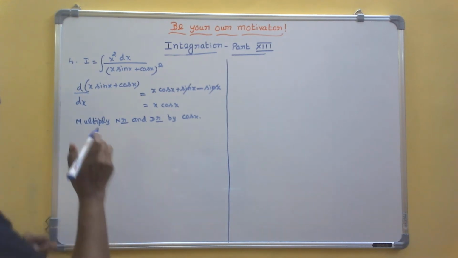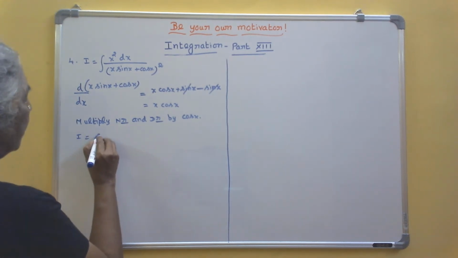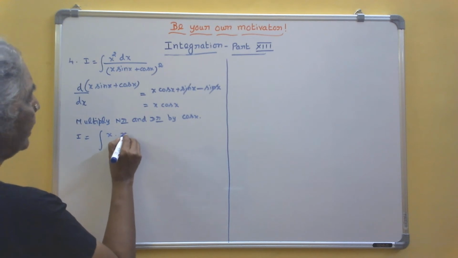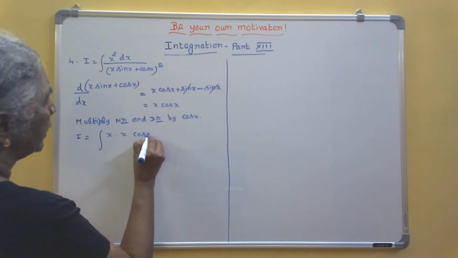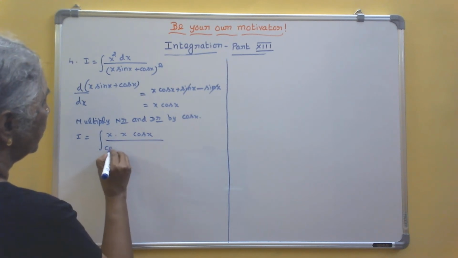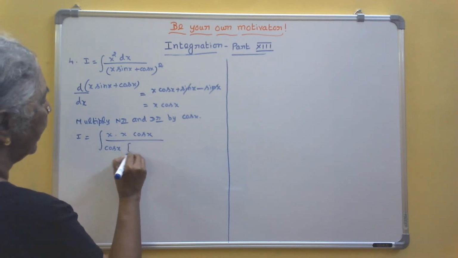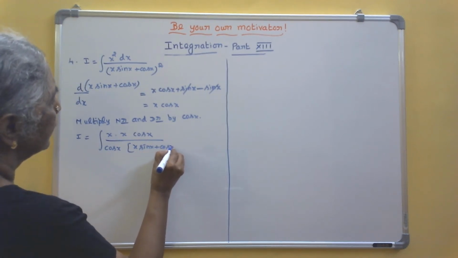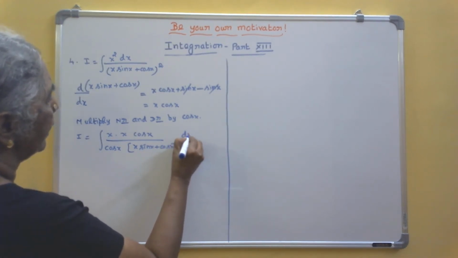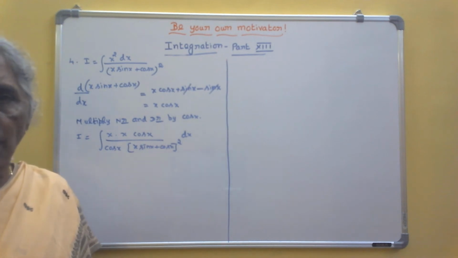Now the I is going to become x into x, then I am going to multiply by cos x, divide by cos x, then I have (x sin x plus cos x) the whole square dx, right? Do you follow this step?